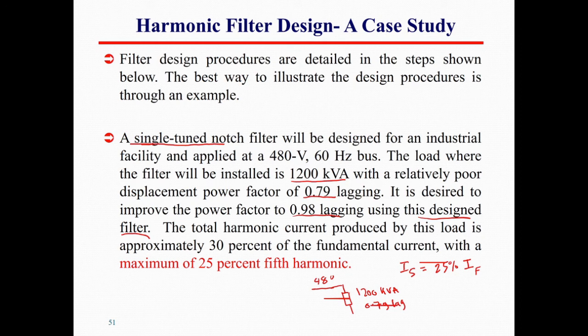Okay, and now we would like to improve the power factor of this load, and also to remove the harmonic by using a single tuned notch filter, such that the power factor will be improved to 0.98. Also, the total harmonic current produced by this load will be mainly the fifth harmonic, and it is limited to 25% of the fundamental current.